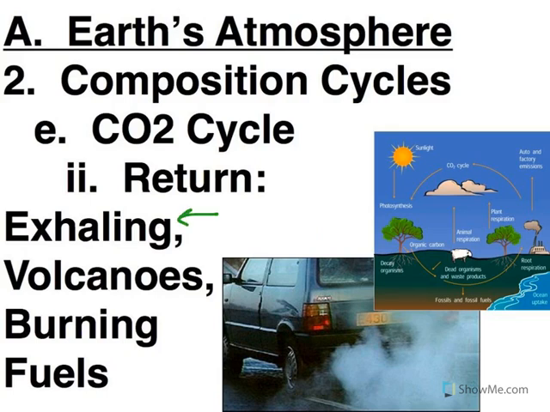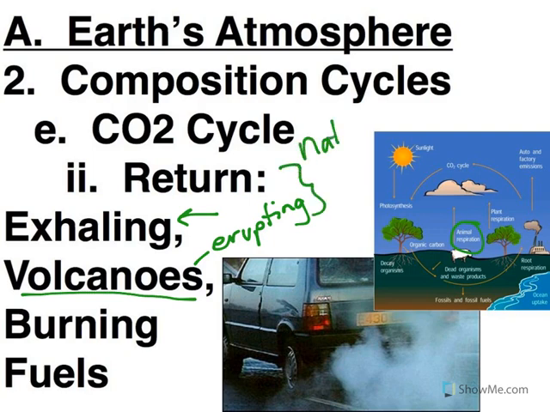Exhaling. When we exhale, that's the animal respiration here, we are exhaling carbon dioxide. Volcanoes. When volcanoes erupt, one of the primary gases that comes out of a volcano is carbon dioxide. Now, both of these are natural sources.